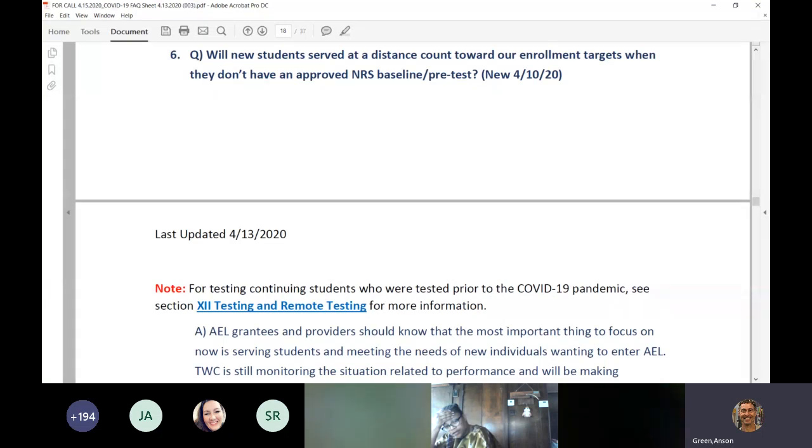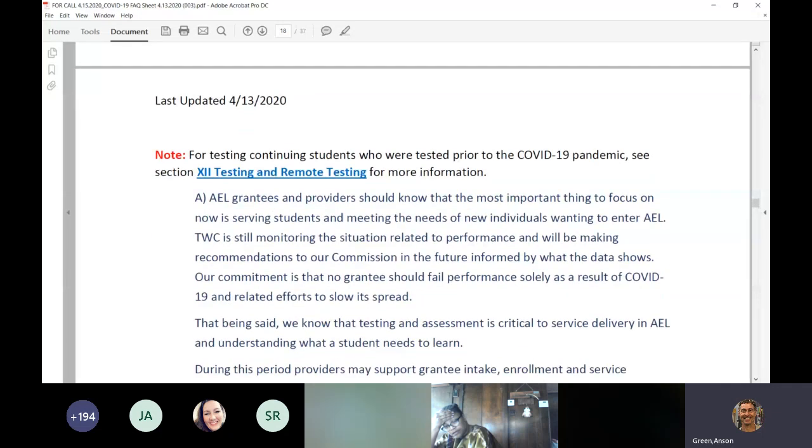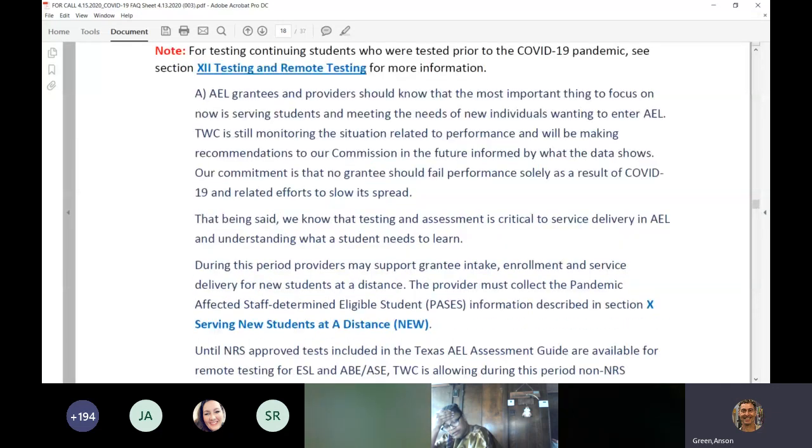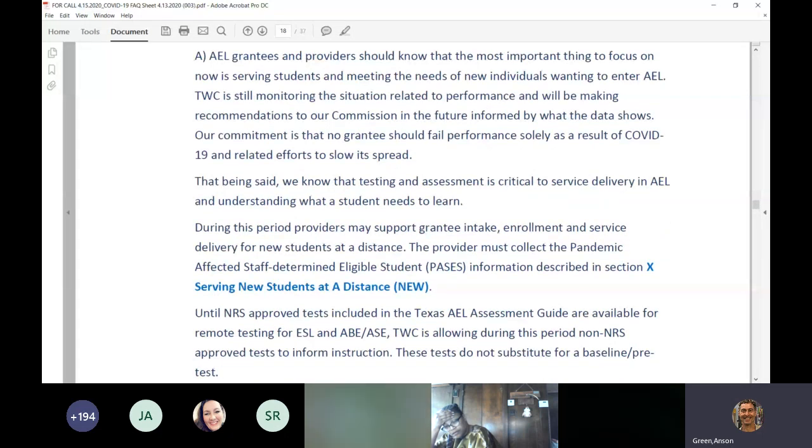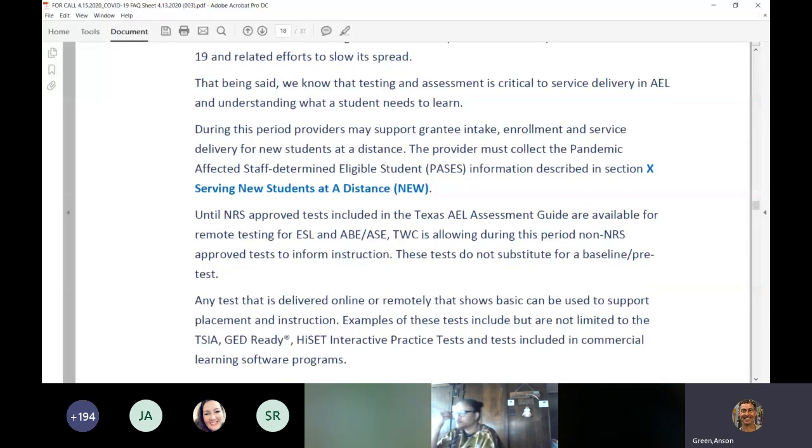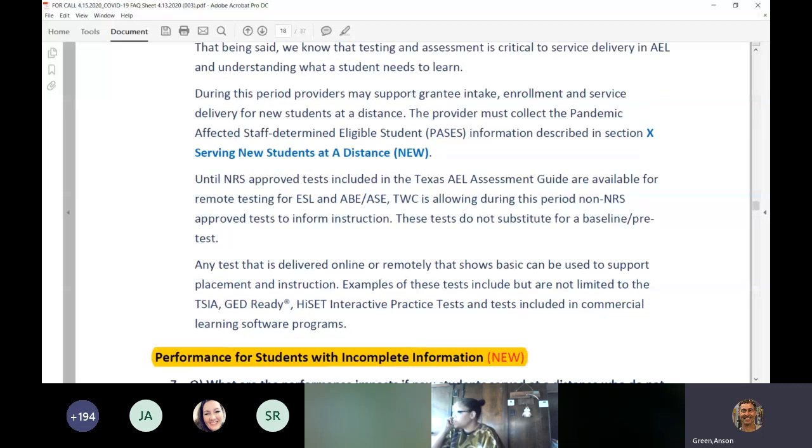The question was, when will new students served at a distance count towards enrollment targets when they don't have an approved baseline test? So what we're saying right now is we have basically a period here where we're giving folks kind of like a focus on just service delivery. But that being said, testing and assessment is critical for what we do.